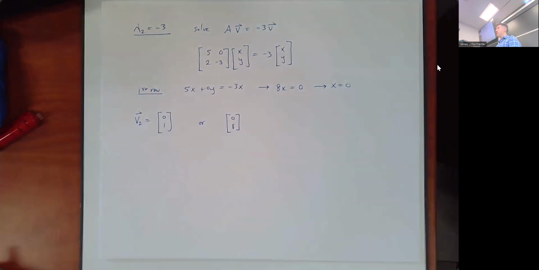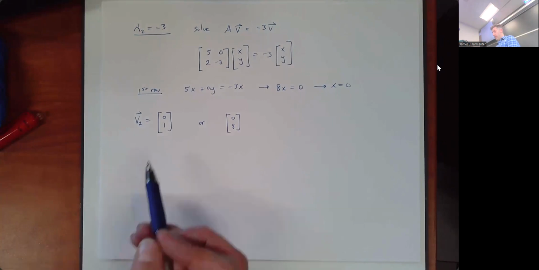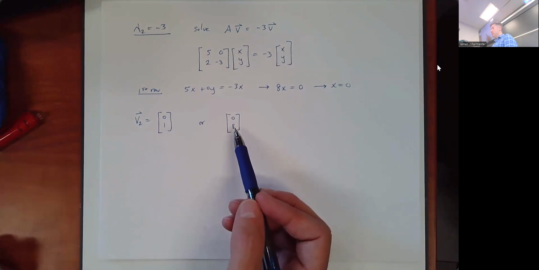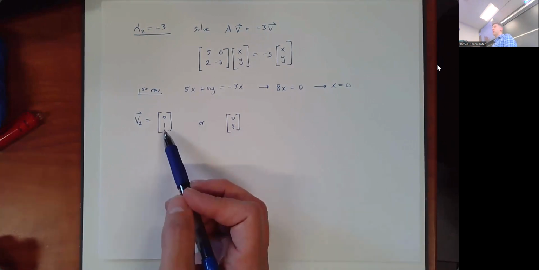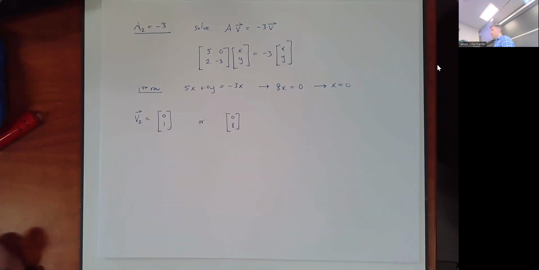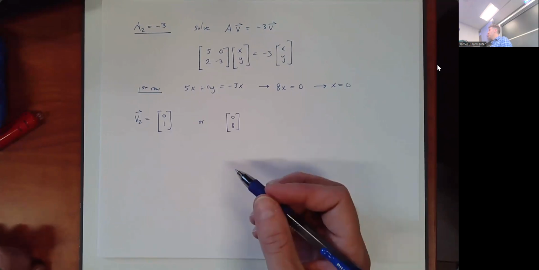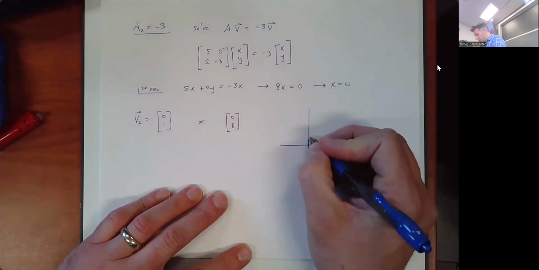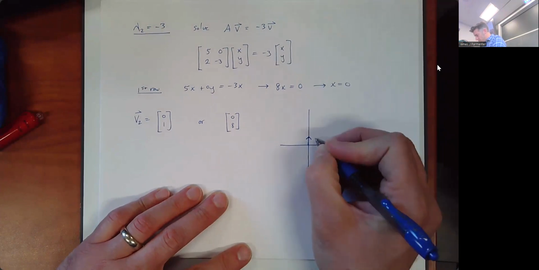Are those multiples of each other? Could you multiply this vector by something, I should say by a scalar, to get that vector? Yeah, by 8. So again, if that's an eigenvector, so is any multiple of it. And the real reason here is because these vectors point in the same direction, right? If you draw the first one, 0, 1, okay, well, there's 0, 1.